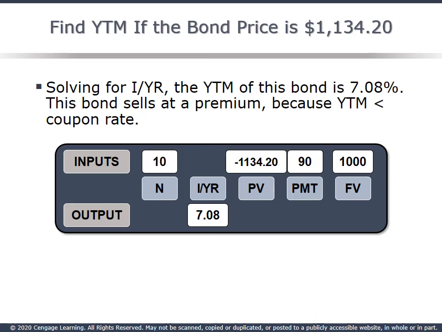If that's the case, because it's selling at a premium, what we would solve for, the yield to maturity, is only 7.08%. So yield to maturity is the rate of return that an investor would earn if they buy a bond at a set price and then hold it until maturity, receive its benefits until maturity.